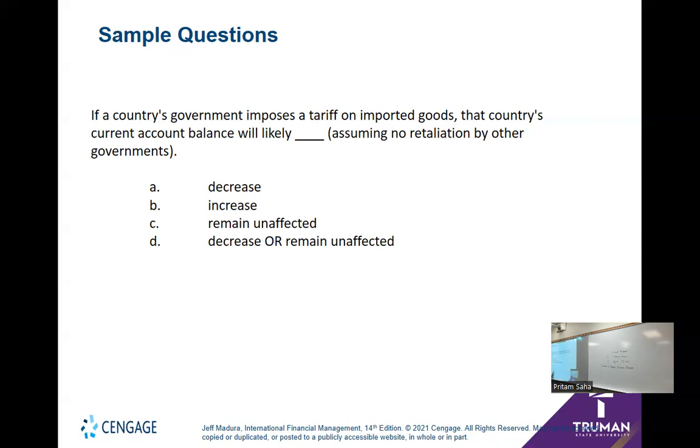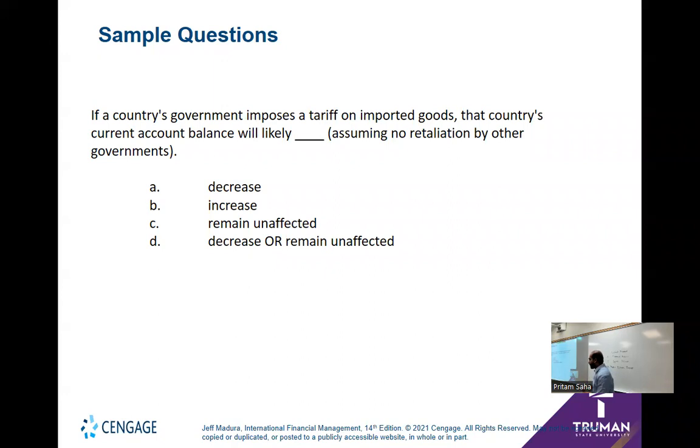Okay. Let's figure it out with respect to this one. Assuming no retaliation, first of all, it should be an increase, right? But when you talk about retaliation, then there are a lot of other factors we need to think about. We have to think about exactly on which imported goods we actually put the tariff. Is it goods that are imported a lot in the economy, or goods that are not imported a lot?